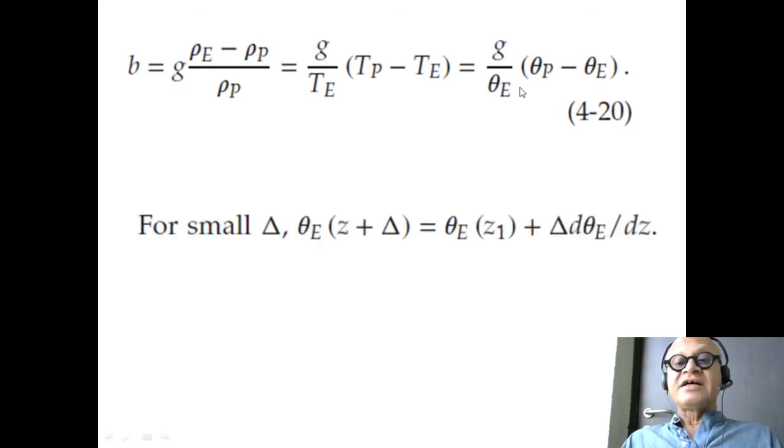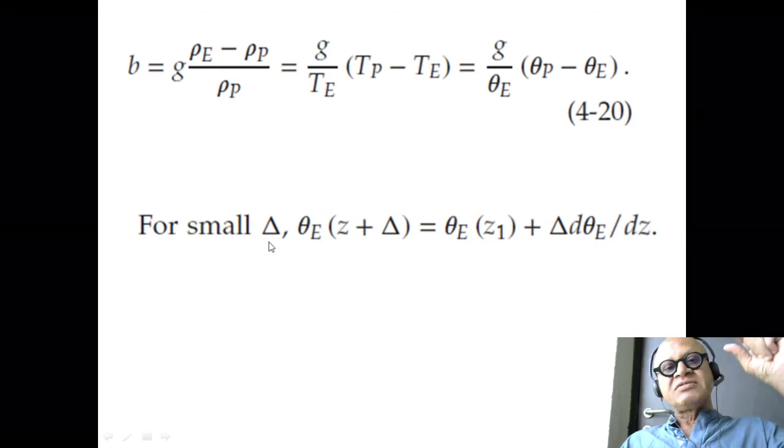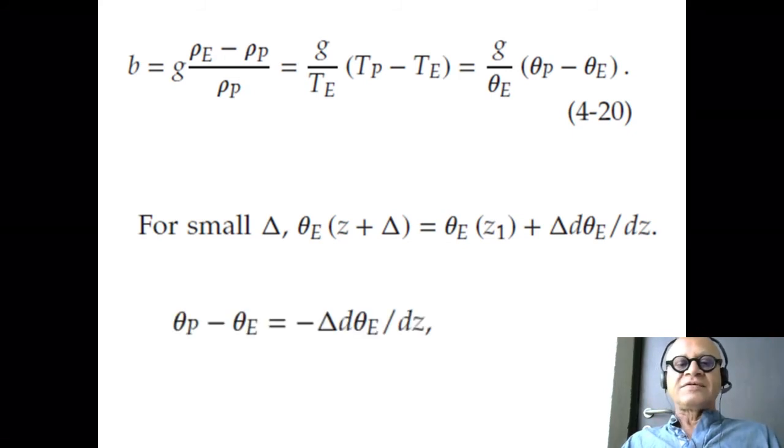The theta allows us to include the pressure effect into in situ temperature. So for small displacement delta, theta E at Z plus delta is going to be theta E at Z1 at the original position plus delta times d theta E dz, the gradient, right? Delta here is the delta Z. We sometimes call it delta Z. In this case, we are calling it delta.